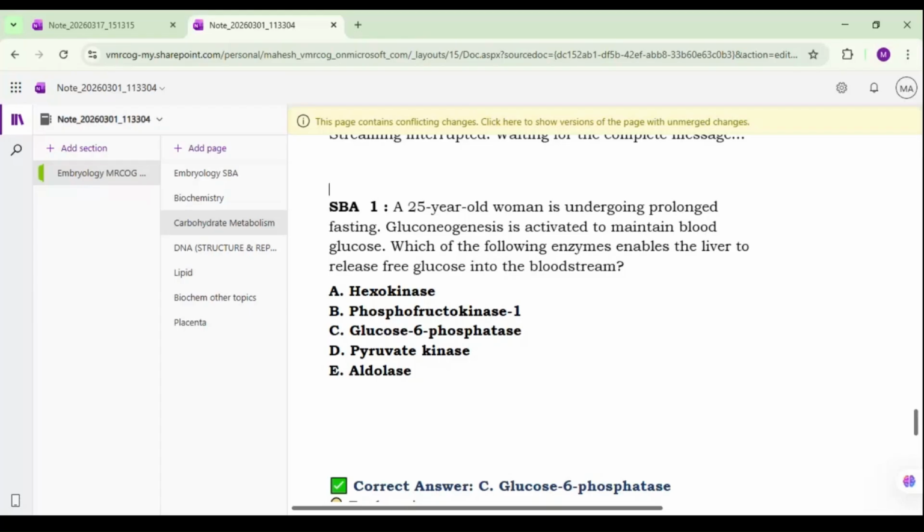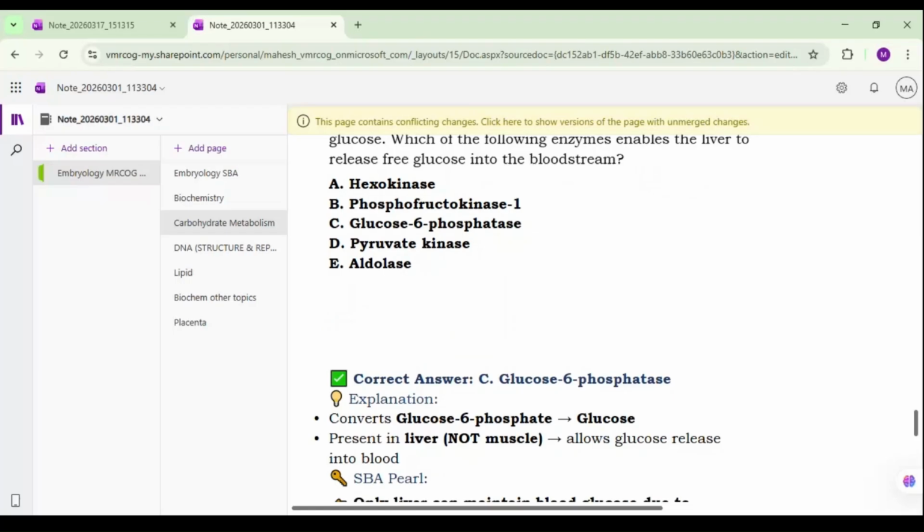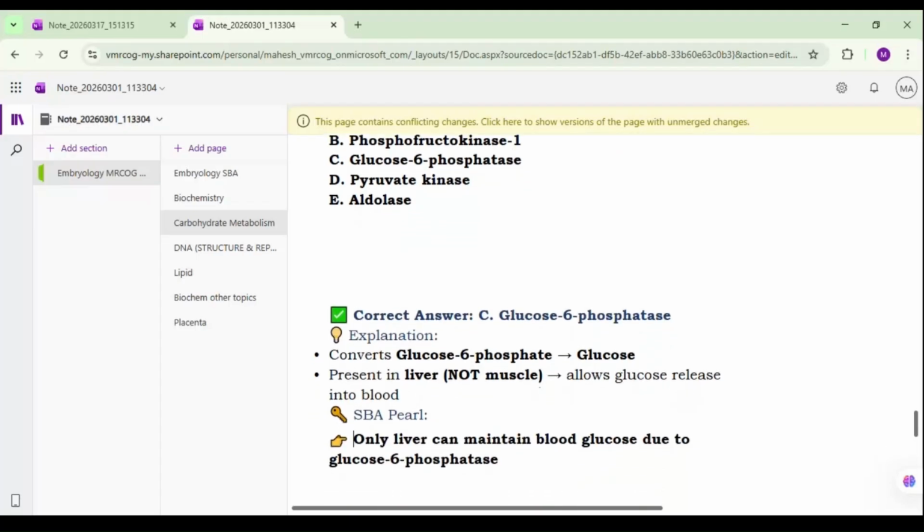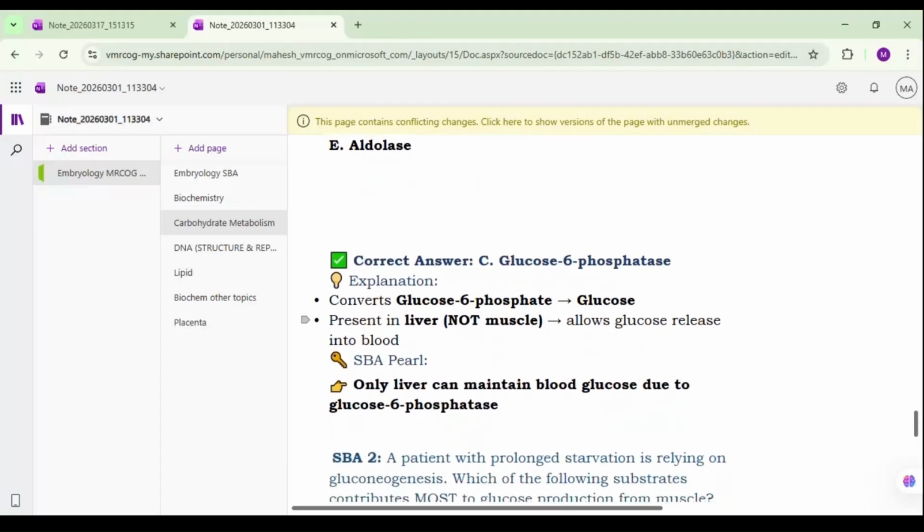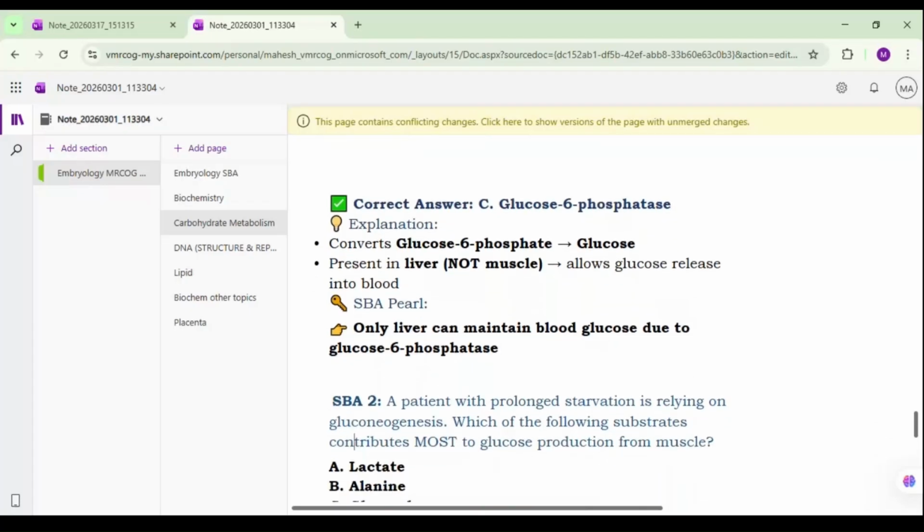Glucose 6-phosphatase, because we are dealing with gluconeogenesis. Glucose 6-phosphatase converts glucose 6-phosphate to glucose. It is present in the liver, but it is not present in the muscle. So it allows glucose release into the blood. Only the liver can maintain the blood glucose due to glucose 6-phosphatase.